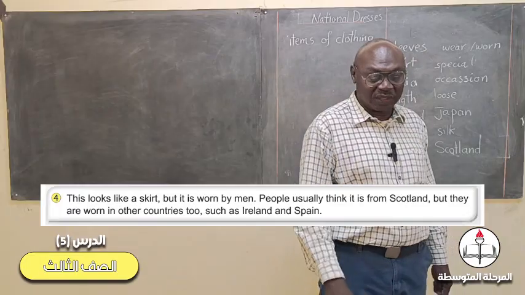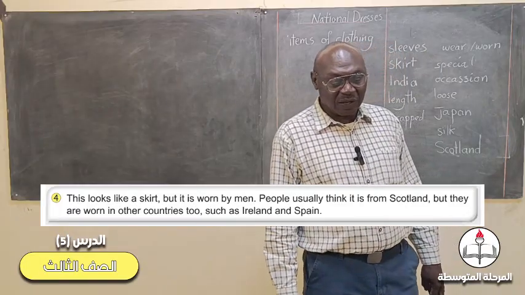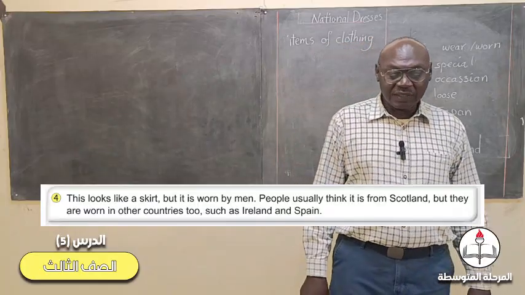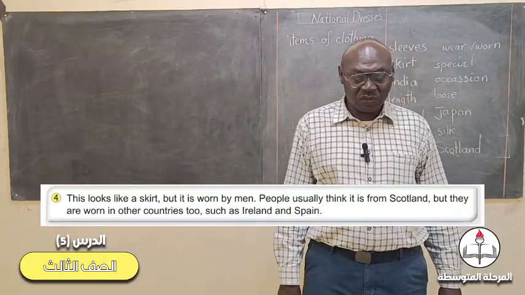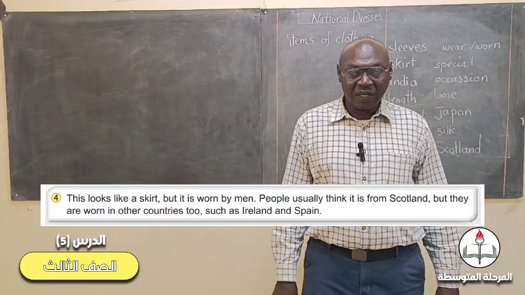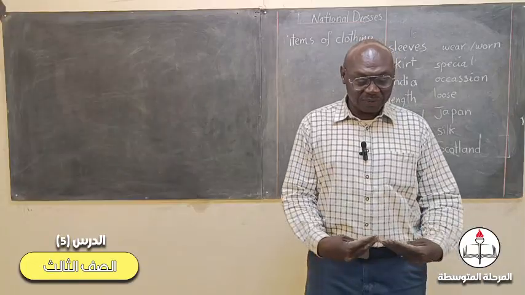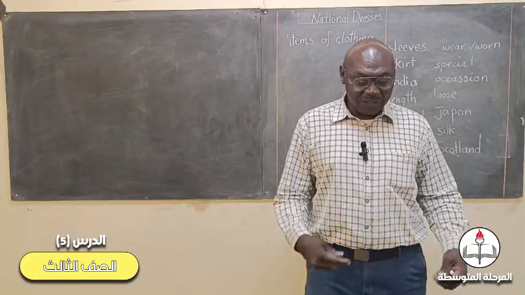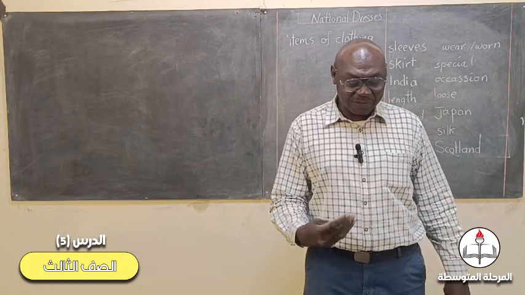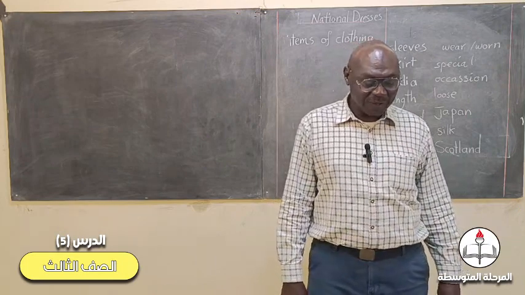Tim is from Scotland. But they are worn in other countries too, such as Ireland and Spain. Which one? This is B. So it looks like a skirt, but it is not a skirt, okay? It's worn by men, okay?